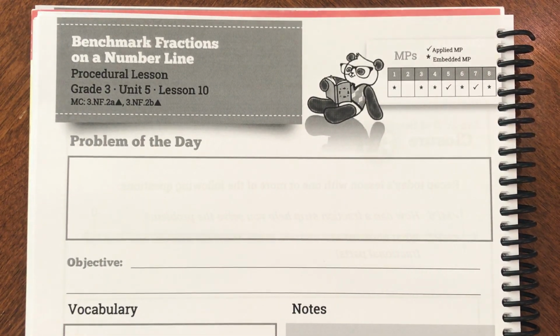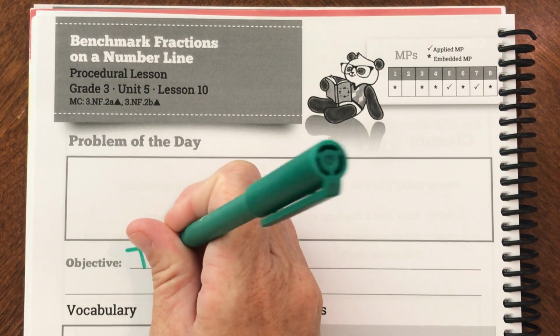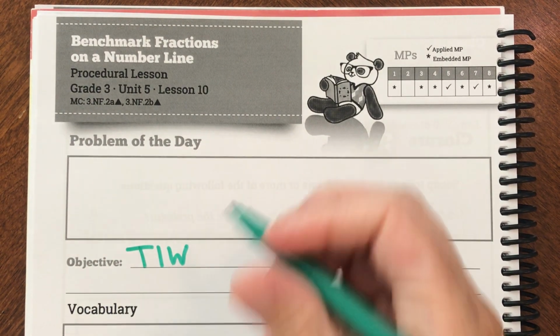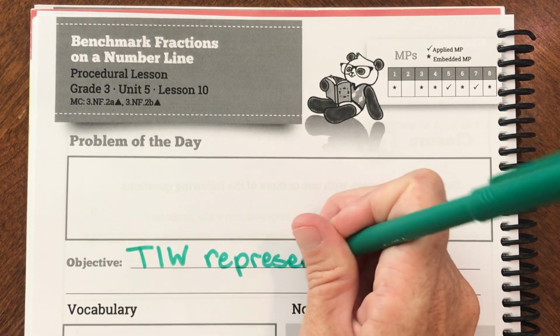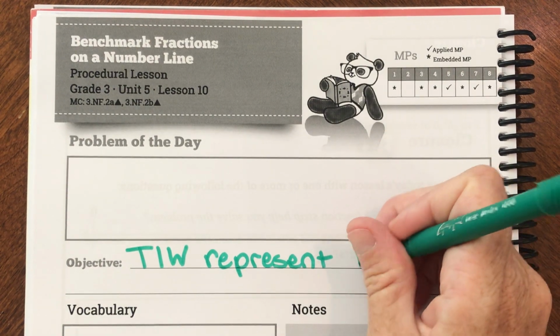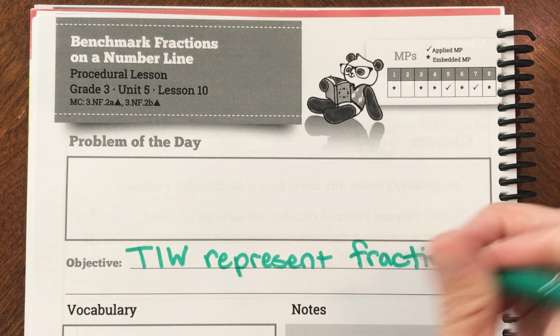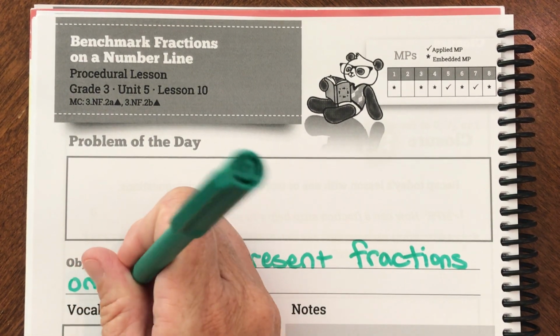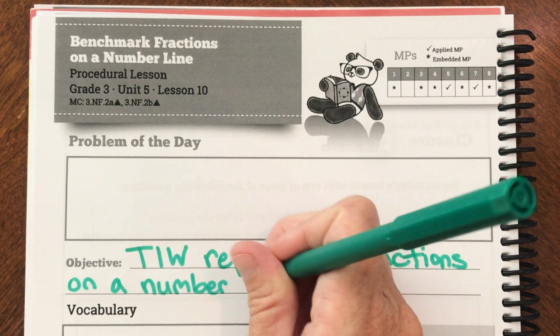Today we are on page 45 of your student journal, and our objective, or our goal for today, is: I will represent, and remember we keep saying that means show, so represent fractions on a number line.